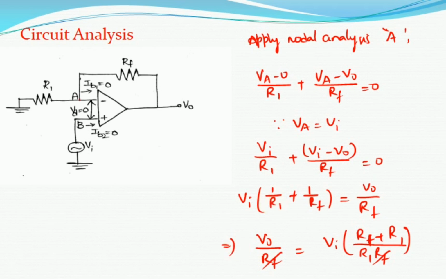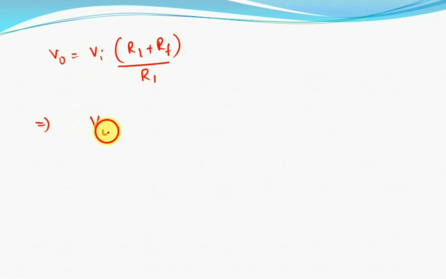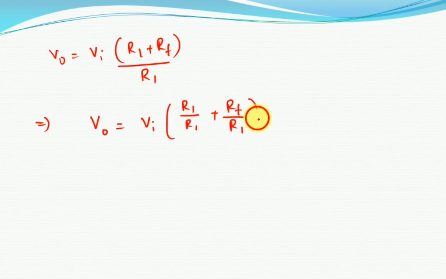So finally V0 is equal to Vi times (R1 plus Rf) by R1. Here the V0 value will be equal to Vi into (1 plus Rf by R1).